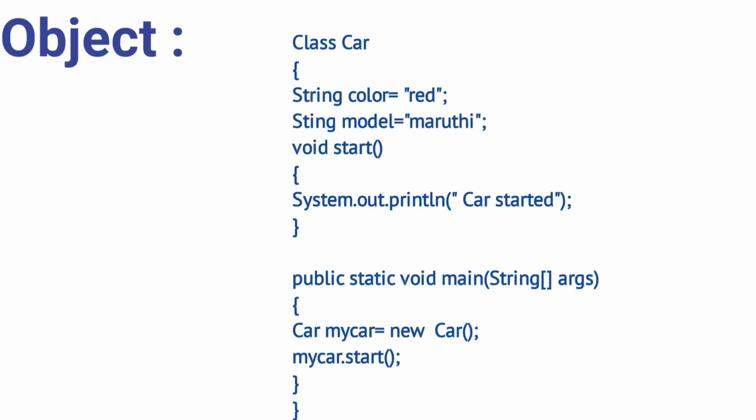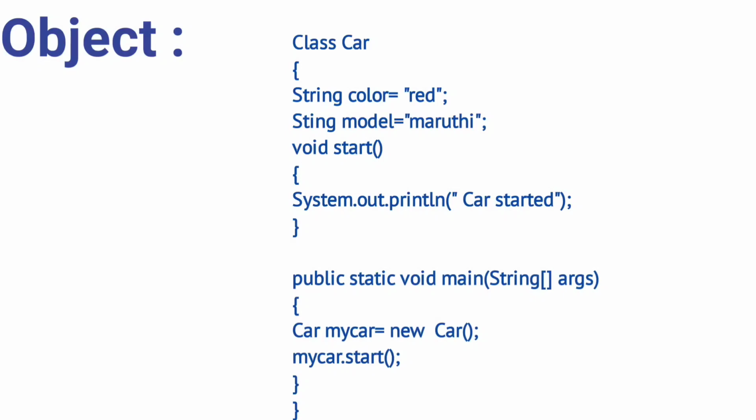Let's see how to create an object. Here I have a class called car. The car class has two attributes called color and model, and one method called start. Now the program will start from public static void main. I am going to create an object called my car.